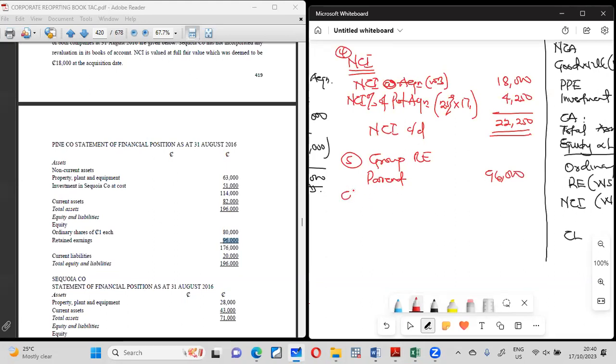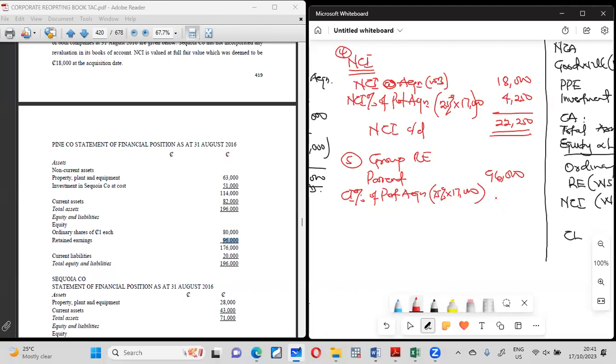Then the share of the post-acquisition. What was the percentage of the NCI? If this is 25, then that one would be 75. So you are sharing the 17,000, and the remaining comes here.